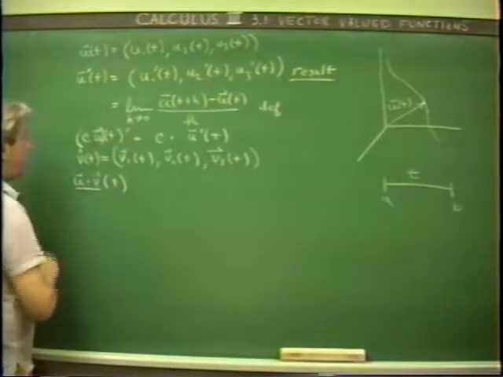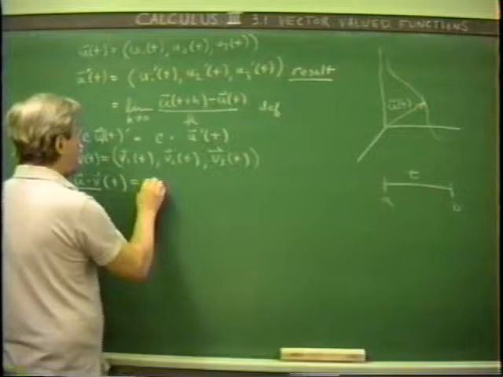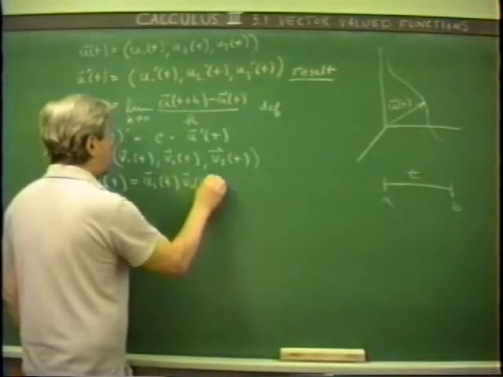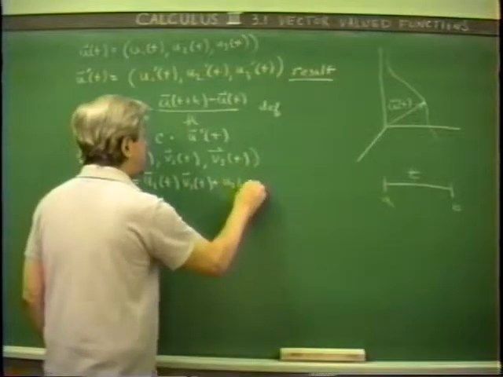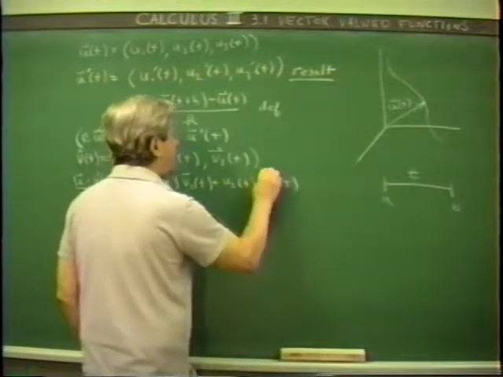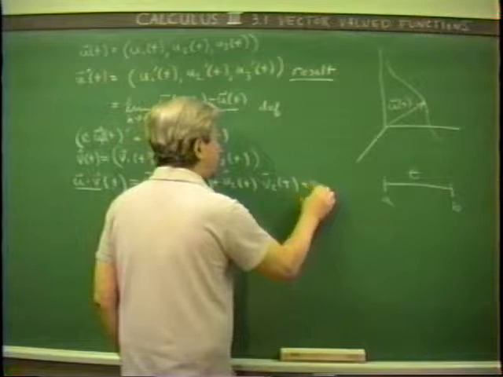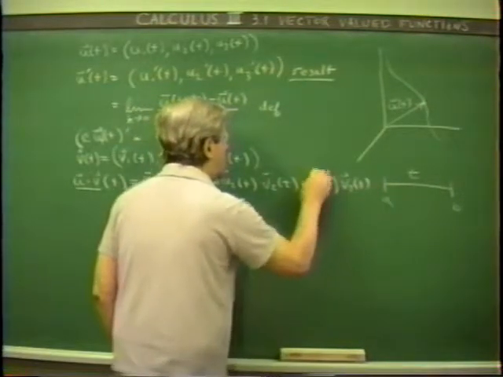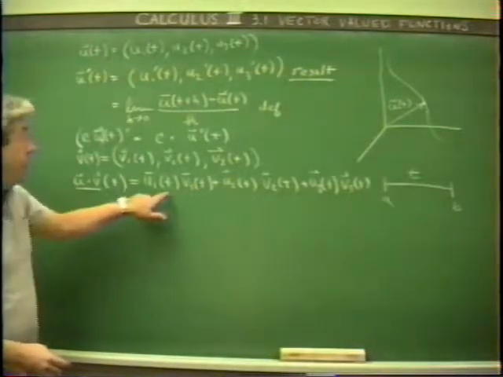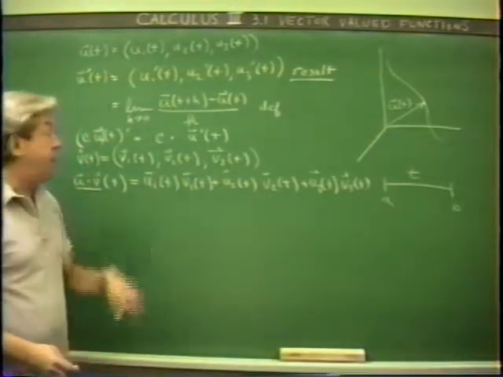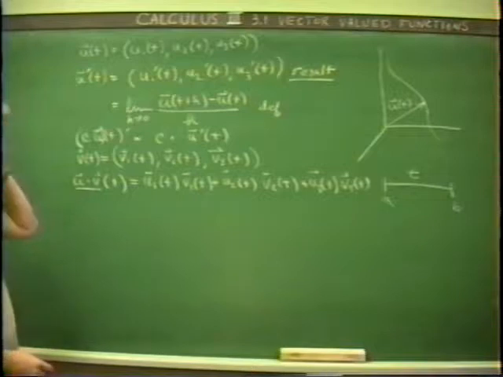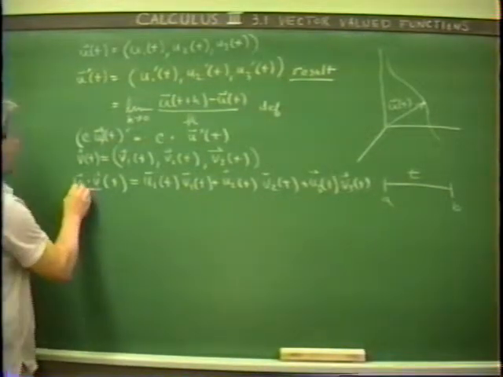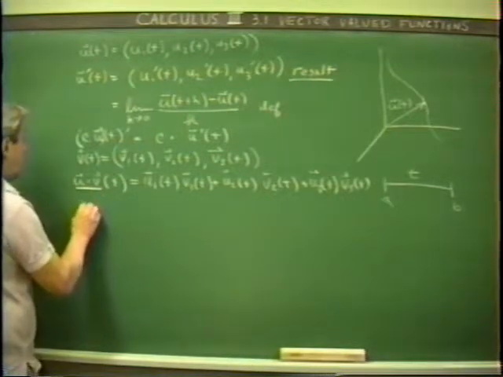This is a real valued function of t given by u1 of t v1 of t, plus u2 of t v2 of t, plus u3 of t v3 of t. As I say, at each point t, it's the dot product of u of t with v of t. Now, a rule that holds for differentiation of the dot product is the following.